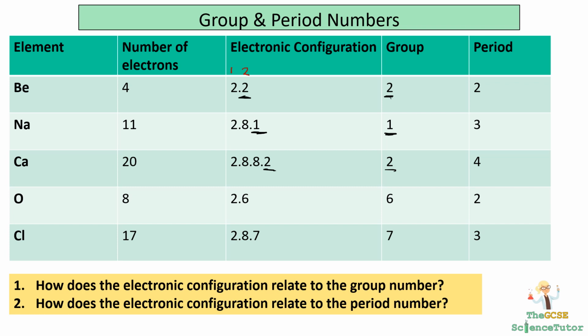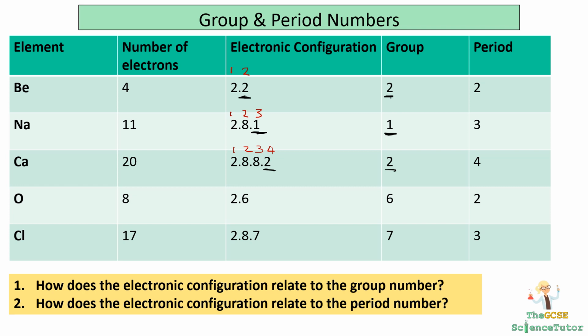A period number of 3, there is 3 numbers here, 4, 4 numbers, and the same with oxygen and chlorine. So in fact, the period number tells us the number of shells in the atom.